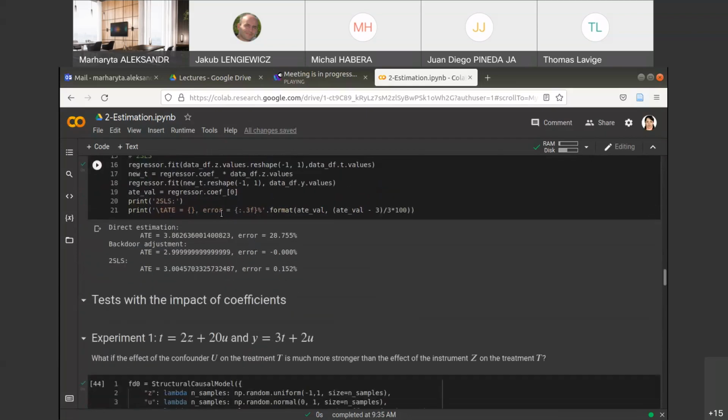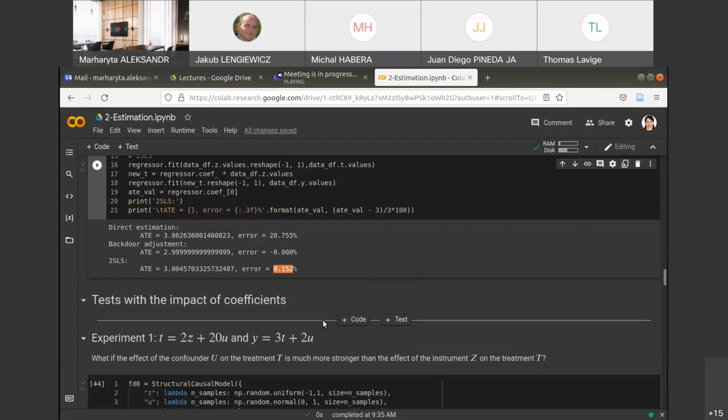Here I just put all of the estimations together in a compact place to be able to compare them. This is our backdoor adjustment that gives us 0% error. This is our direct naive estimation with almost 30% error, and the two-stage least squares method that gives us quite a good estimation with error less than 1%.